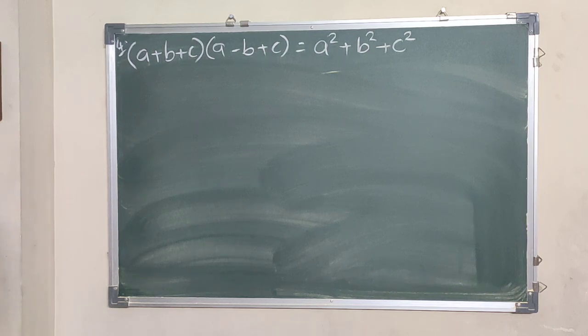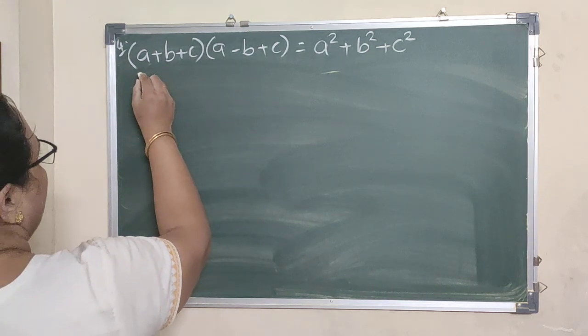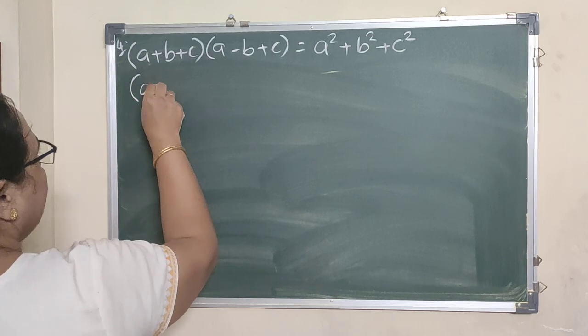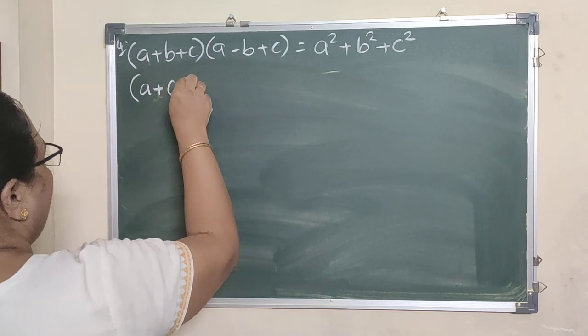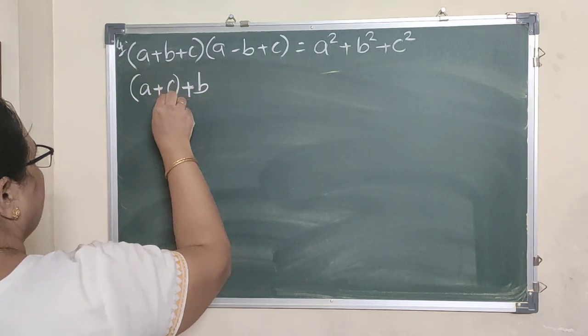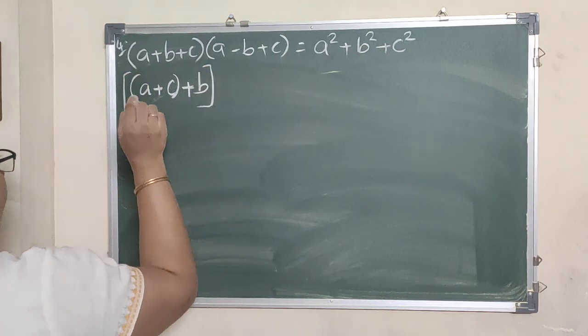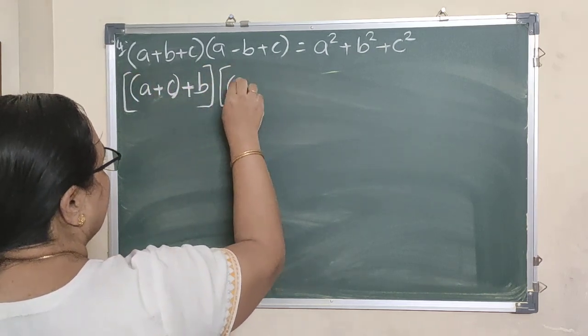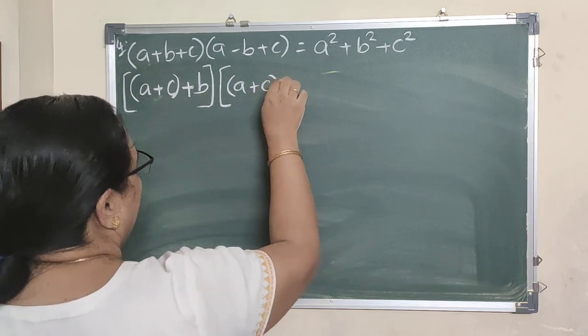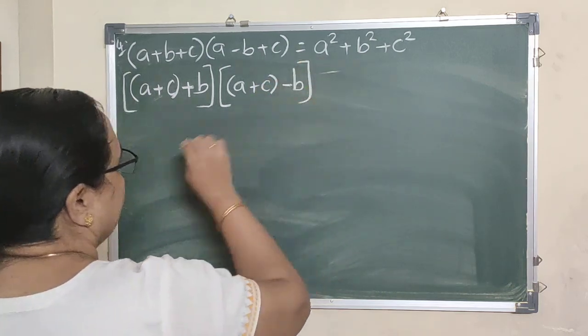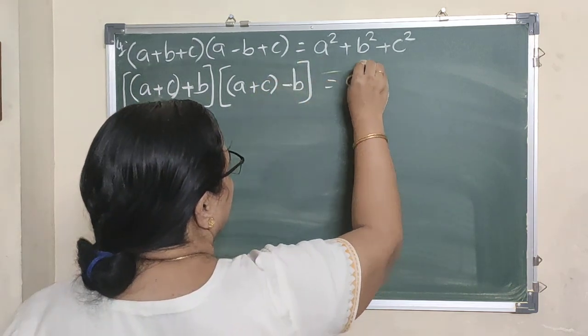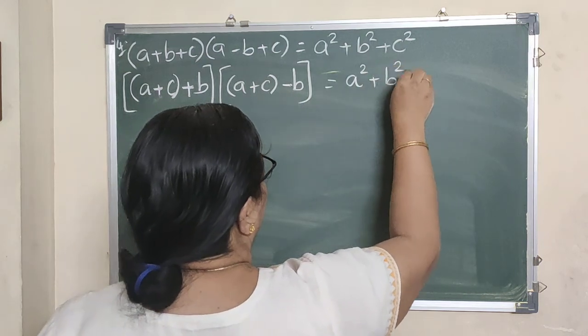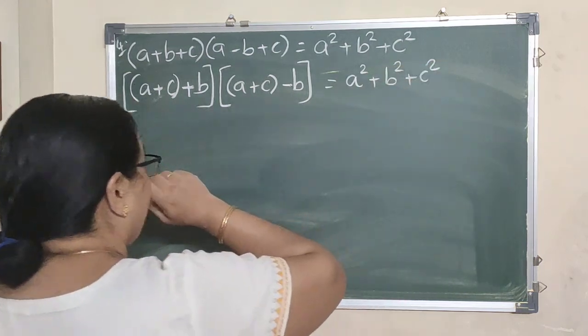So now let us start with the sum. Before we start, there is a little arrangement which we can do. I can write this as A plus C plus B. Same way, the second term can be written as A plus C minus B, equal to A square plus B square plus C square.